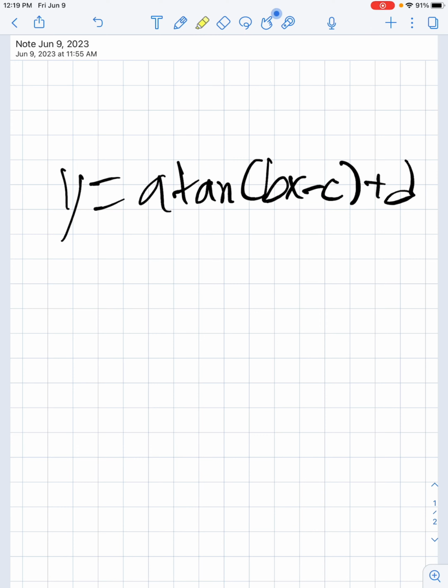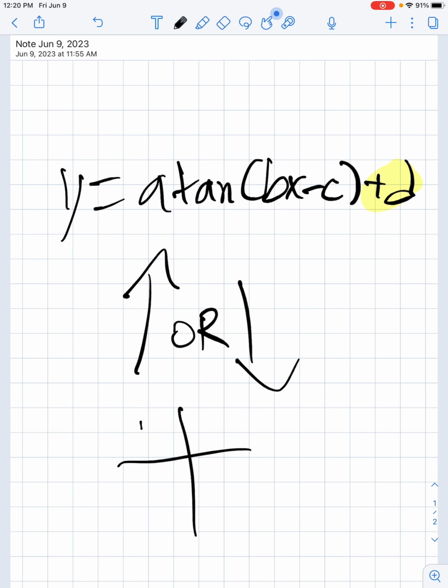And this is d right here. d is used to determine a shift in the graph to go up or down. d is added to the y-intercept and is done in the end after the x-intercepts. And that's how it would look.